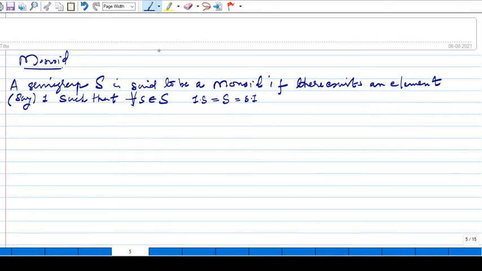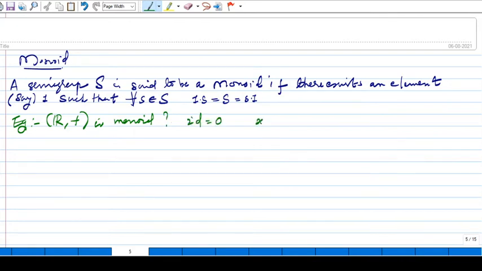What are the quick examples? Real numbers under addition is a monoid. How? What is the identity element? The identity is 0.